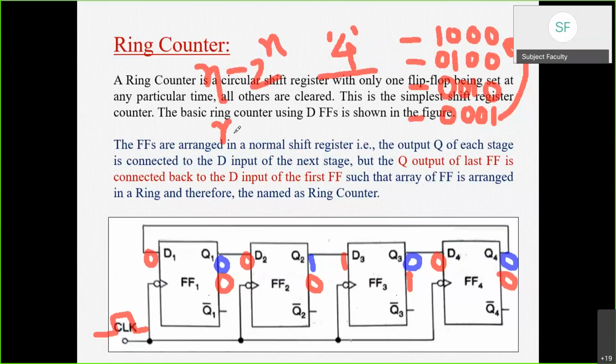But for synchronous, if there are n number of flip-flops, then you are getting the mod also n only. For example, in asynchronous, when n was equal to 4, the number of possible states was 16, 2 raised to power 4, that is 16.